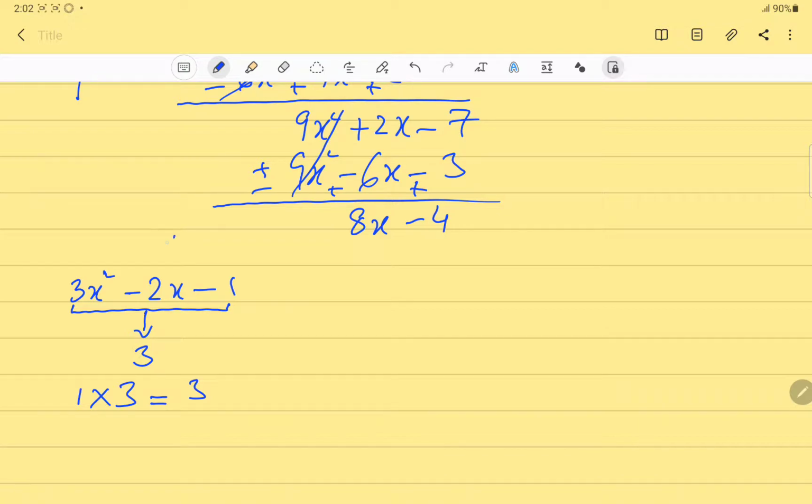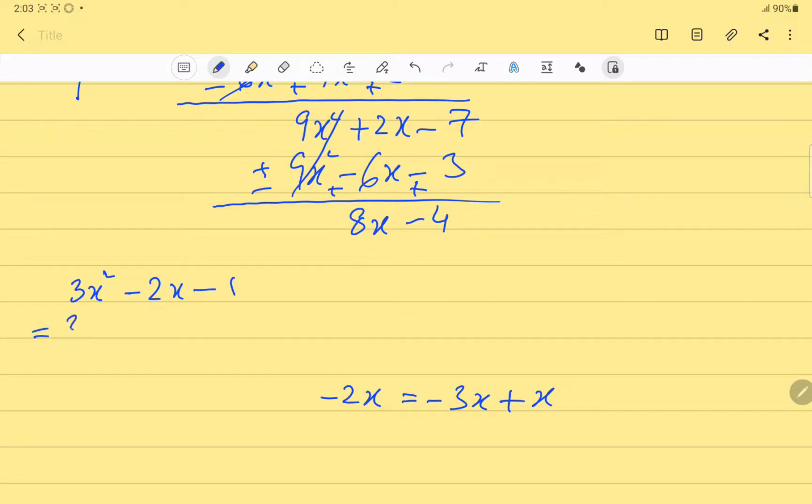So can we get minus 2 by adding 3 and 1 or by subtracting? Yes, we can. If we subtract 3 from 1, we can get minus 2. So we can write minus 2x as minus 3x plus x. Let's get rid of the rough work.